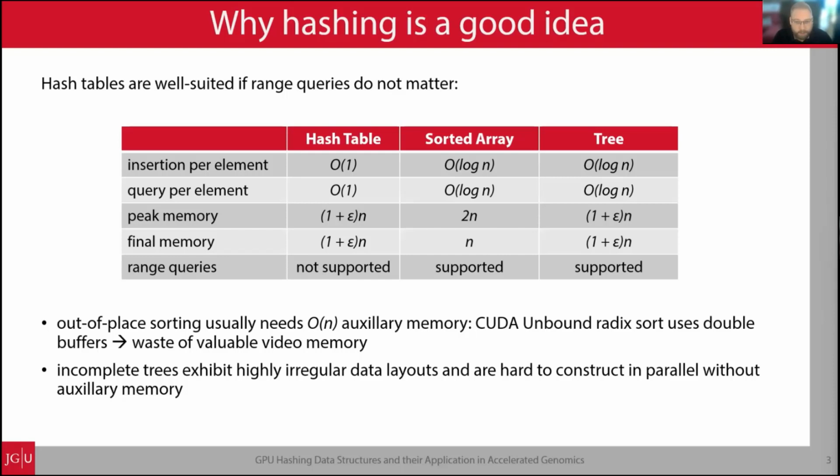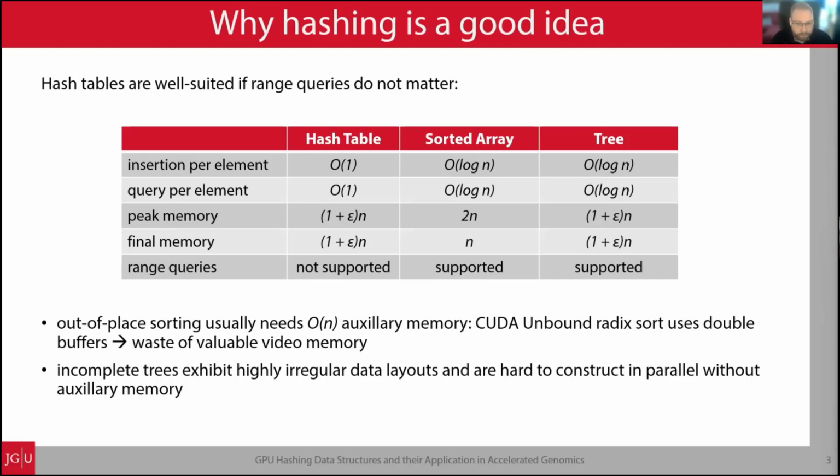Some algorithmic alternatives to hash tables that achieve the same key value store semantic are, for instance, sorted arrays and a variety of tree-based approaches, both having logarithmic time complexities. Two things to note. Since in-place swap-based sorting algorithms are not very suitable for the GPU, the sorted array approach needs a total of 2n auxiliary memory.